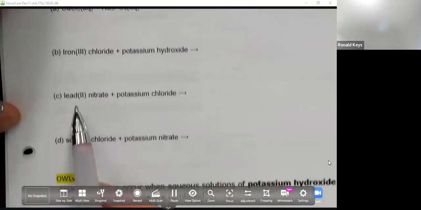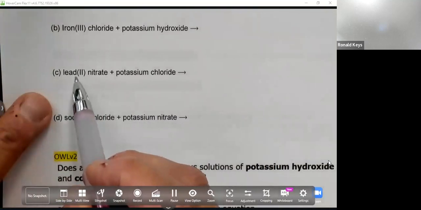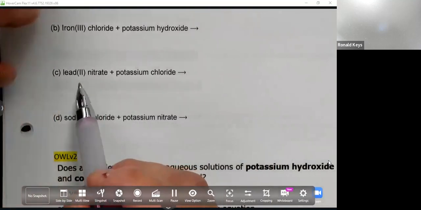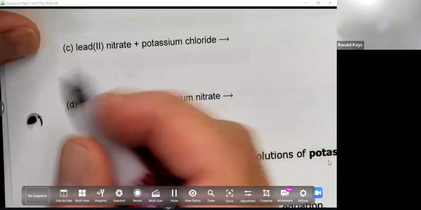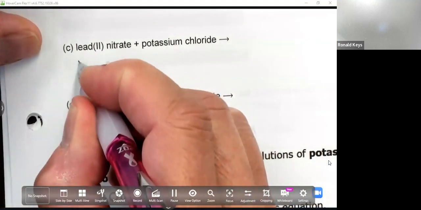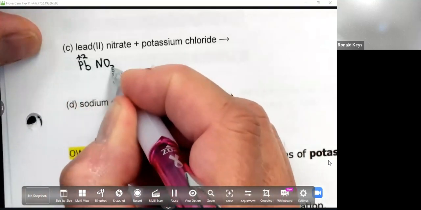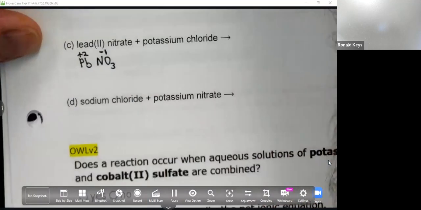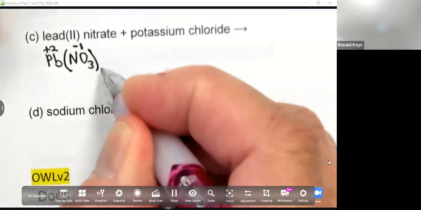Let's do C. First of all, let's write this out. It says write balanced net ionic equations for the reaction. So if we write out lead nitrate, this is going to be Pb plus 2, nitrate NO3 minus 1.